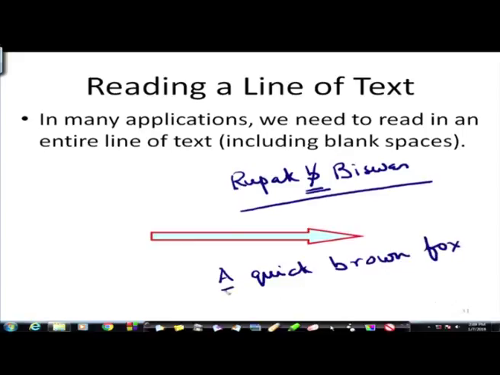So, I want to read these characters as well as the blank spaces, everything. Then what will be my delimiter? My delimiter will be the carriage return, often designated as \n. So, till I get a \n, I will go on reading this. That is how I can read a line. Okay.